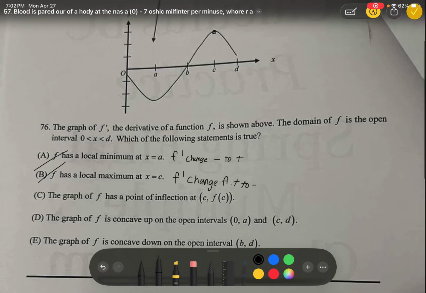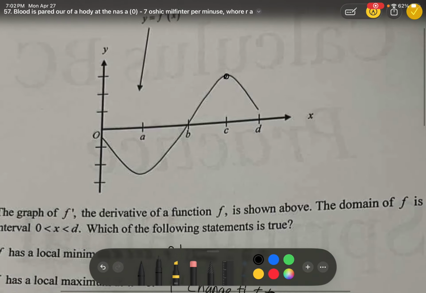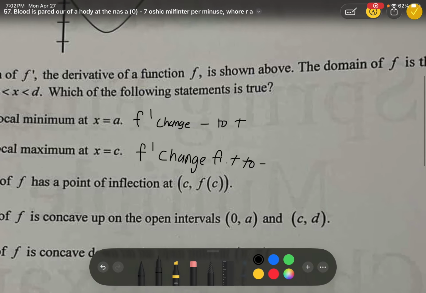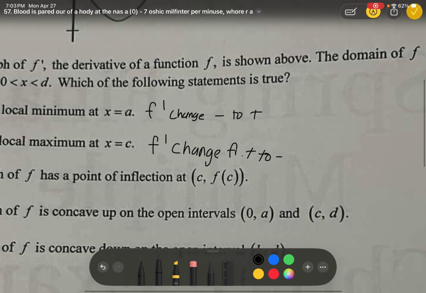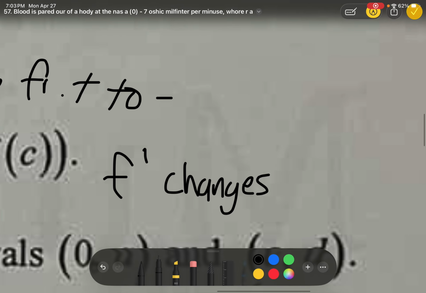So that's wrong. The graph of f has a point of inflection at x equals c. So what this is basically saying is, at this point, f prime changes concavity, which is the fancy word for slope in terms of the second derivative.